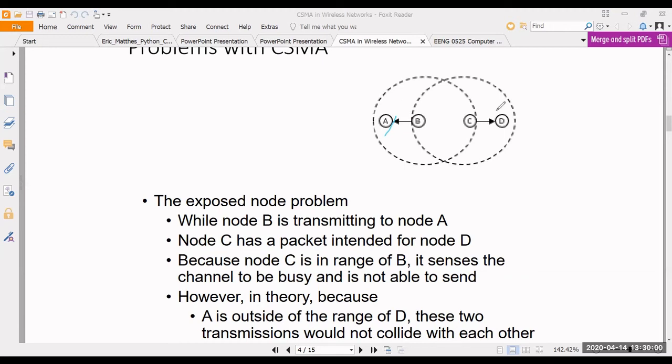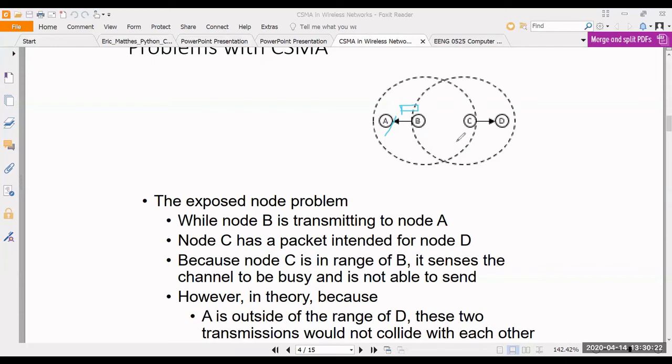D also has its own range of communication. B and C are in the same range of communication. So now we have a whole setup, right? We are explaining the exposed node problem. B has a frame to send to A, and B sends its frame to A.